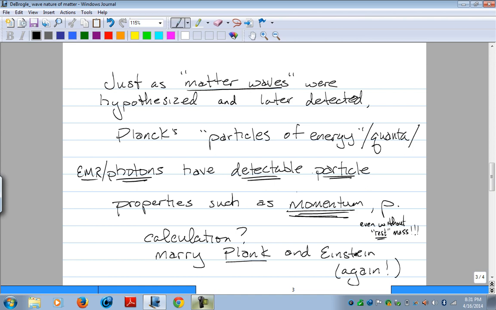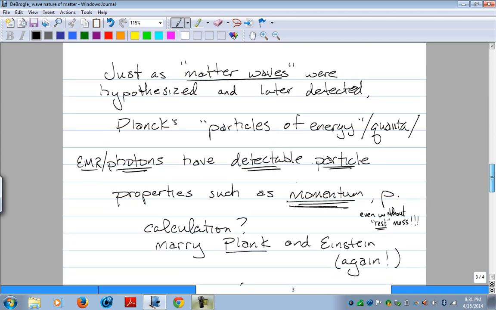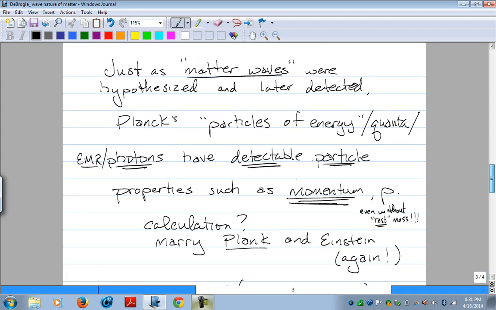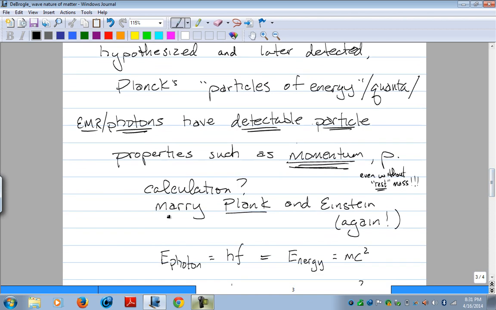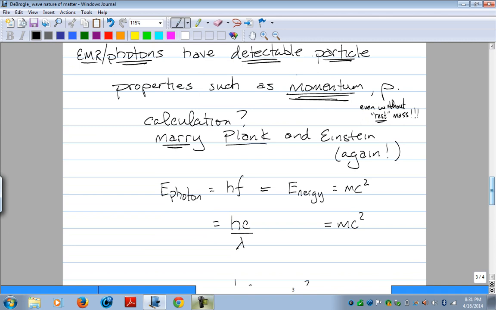There's something called relativistic mass, which is beyond the scope of this course. But anyway, the equations can be combined again to see this relationship: the energy of a photon by Planck's equation is h times the frequency of that electromagnetic radiation.